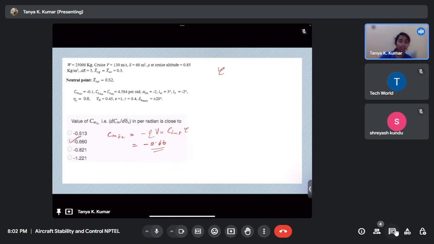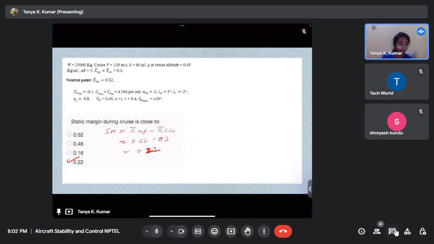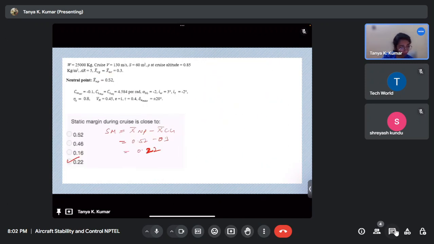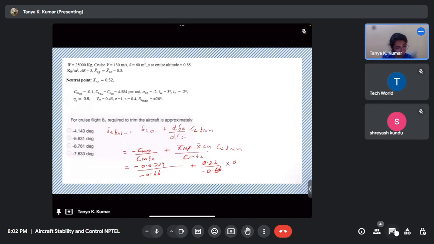We had calculated CL initially for cruise. Cruise in this case is trim, right? CL trim is 0.569. So what value do you get here? You get minus 0.0723 radians, and you convert it into degrees, you get minus 4.143 degrees.